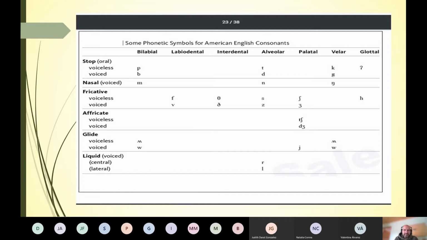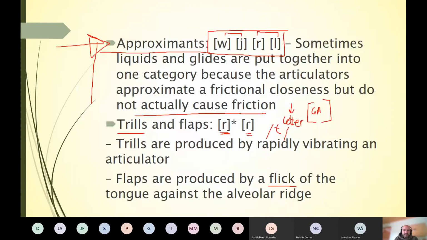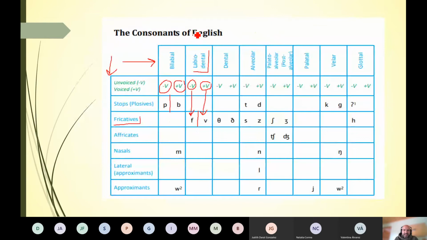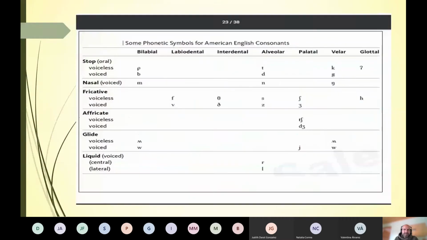So far, for example, in this chart, you have the place of articulation right on top, bilabial, labiodental, dental or interdental, as we call it, etc. And in the first column, we have the manner of articulation. So it's an interesting chart that can help you to study manner of articulation and place of articulation.